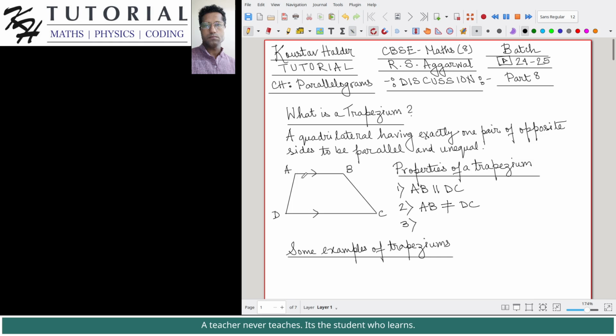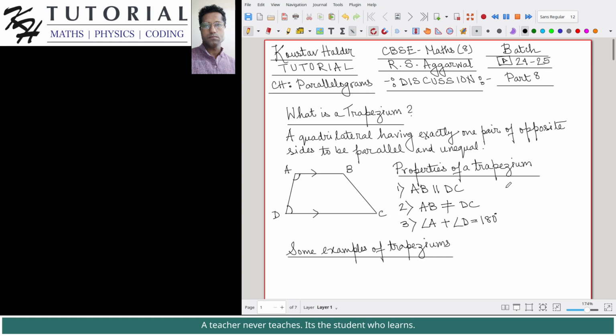In this trapezium, angle A and angle D are co-interior angles, because they are the adjacent angles on the same side of the transversal AD. So we will have angle A plus angle D equal to 180 degrees. That is, angle A and angle D are supplementary.